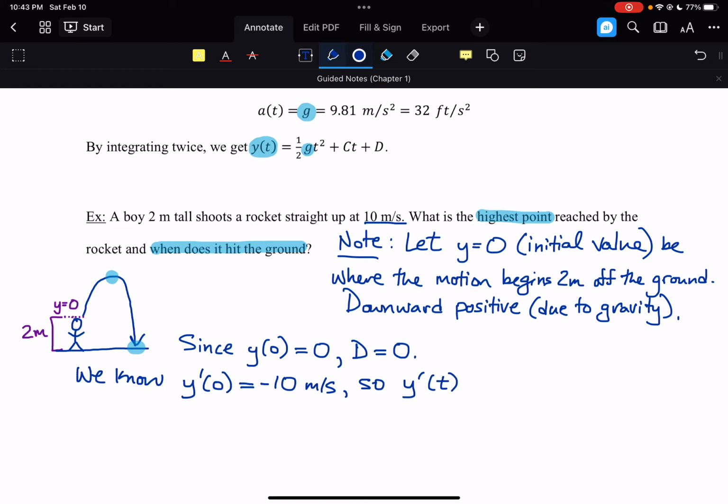So y prime of t, if this is y, we would bring down the 2 and just get gt plus c. We would substitute in 0, that's equal to negative 10. That gives us c is negative 10.